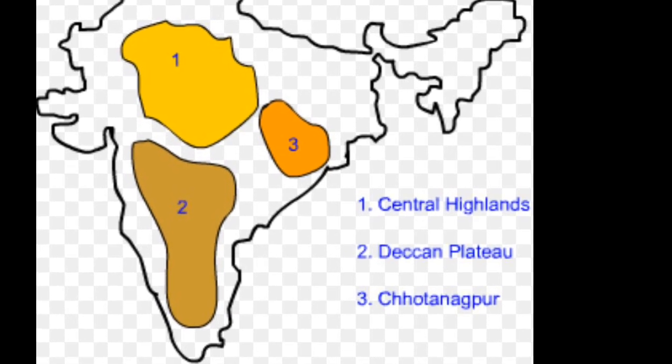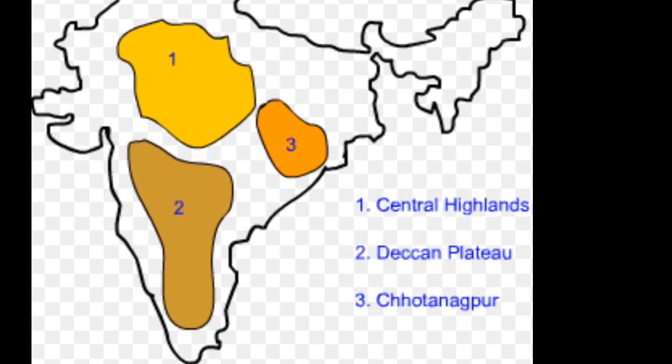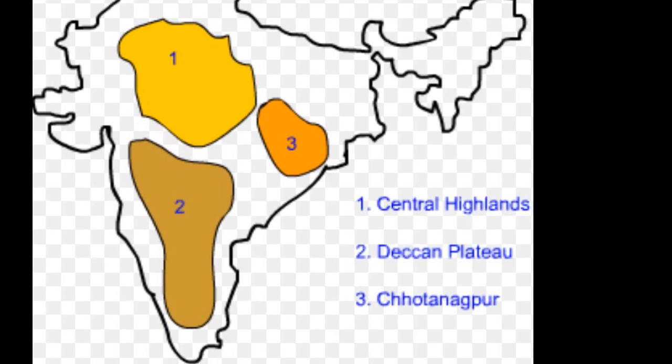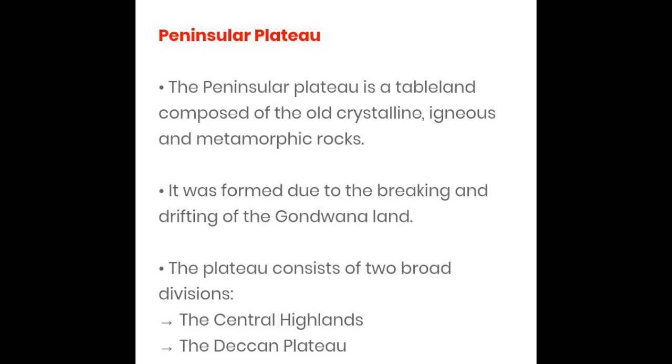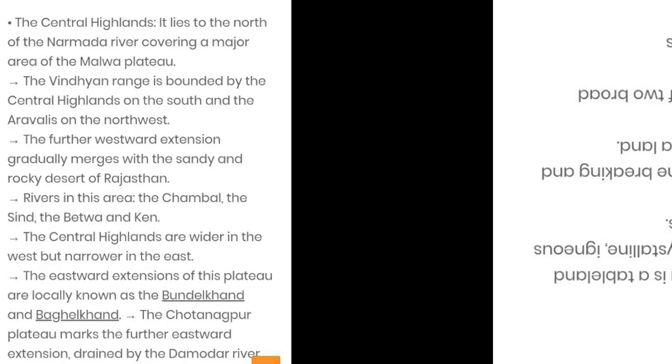So let us discuss what the Peninsular Plateau is, what its features are, the Central Highlands, the Deccan Plateau and the Chota Nagpur Plateau, and then we will be comparing the Western Ghats and the Eastern Ghats. So let's begin with the Peninsular Plateau.